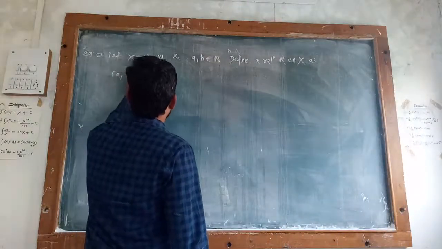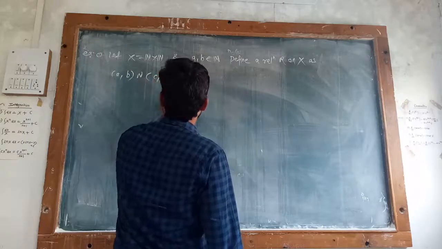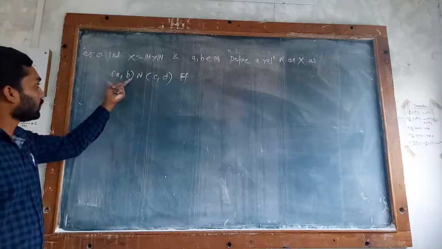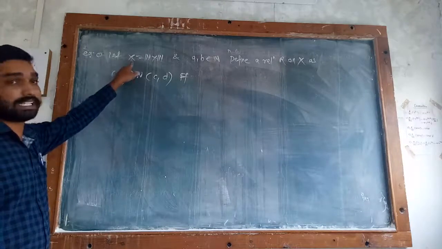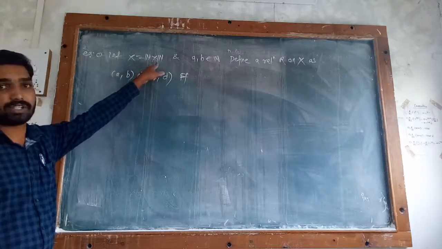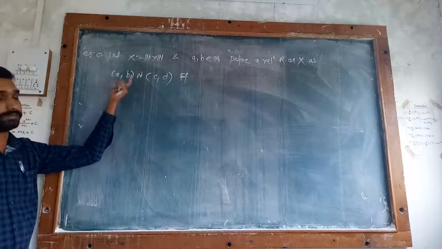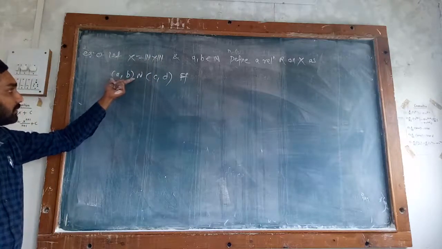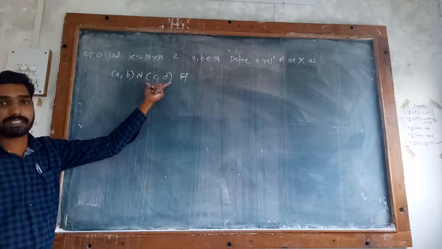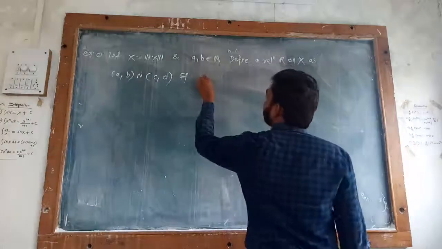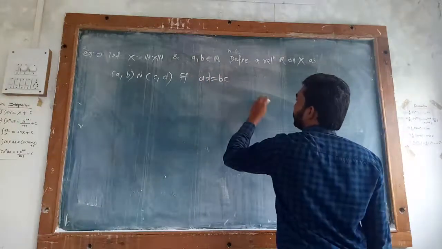ordered pair (a, b) is equivalent with ordered pair (c, d). What is your relation defined? This ordered pair (a, b), because your set X is N cross N, is in tuple form. So (a, b) is equivalent with (c, d) if ad equals bc.